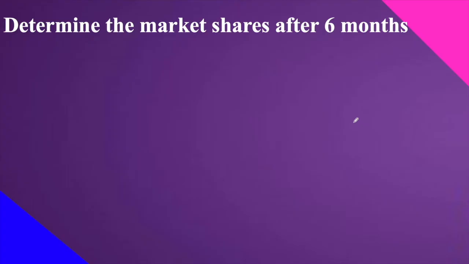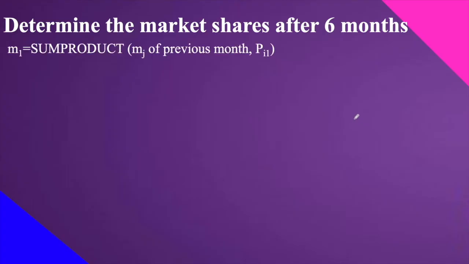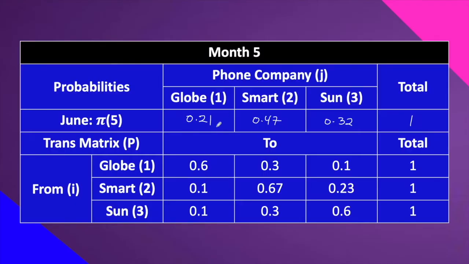So next thing na gagawin natin is to determine naman the market shares after 6 months. So same na yung formula. M sub 1, sum product of M sub J of previous month, and P sub I1. Ito yung P sub I1.